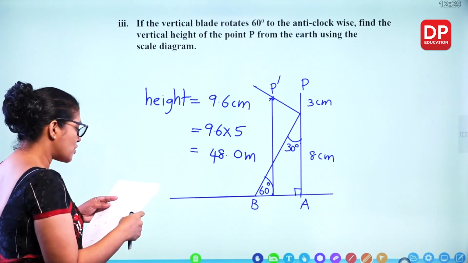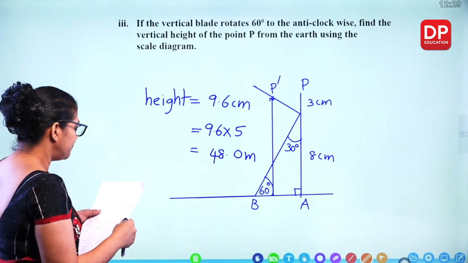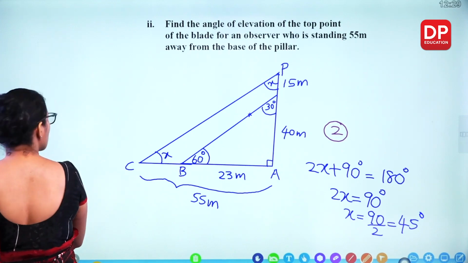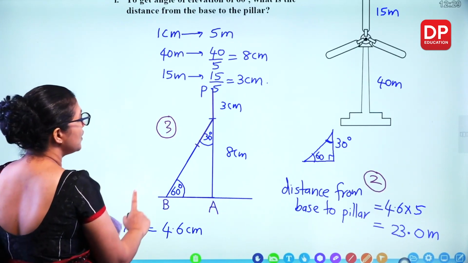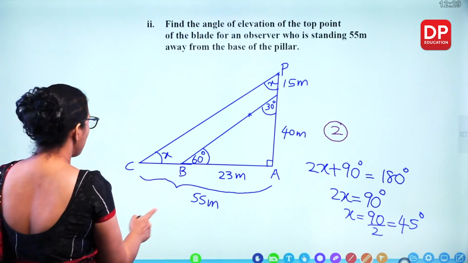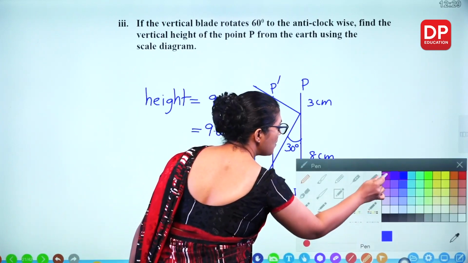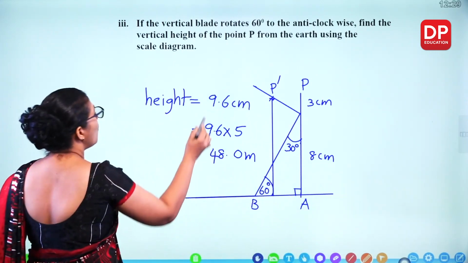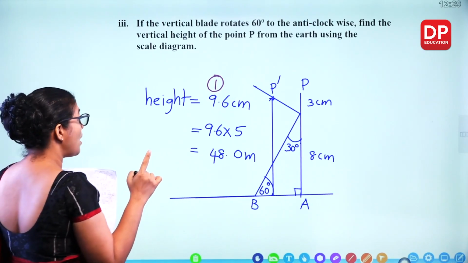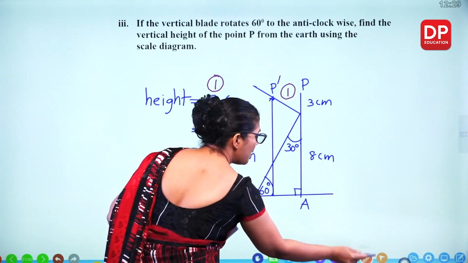So how many marks for this part? You get 3 marks. We'll see first how many marks we have already given: 3 plus 2, 5 and 7. And here 3 marks. So 3 marks for this step, 1 mark for this one, and 1 mark to draw the position 60 degrees from here.